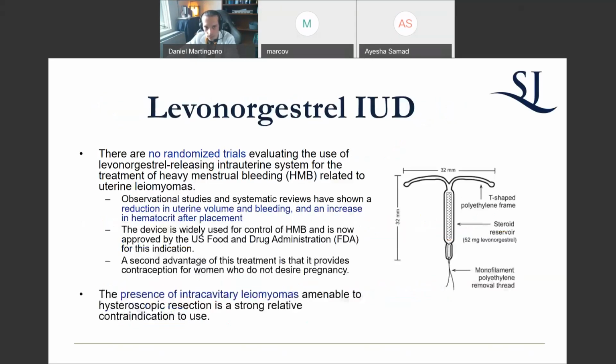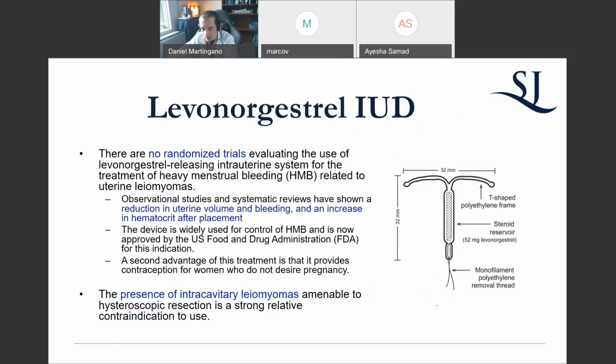So levonorgestrel IUD. I'll explain more about IUDs when we get into our ovulatory dysfunction section, because that's primarily where they're used. But basically, IUDs is something that most people have heard. IUD stands for intrauterine device. And it's a T-shaped device.